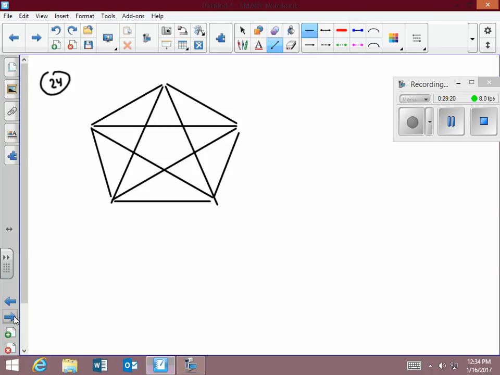We want to know how many triangles of all sizes and shapes are there in the picture. And the only way that I can think of is to do it. Or maybe I should let you tell me what your strategy would be.